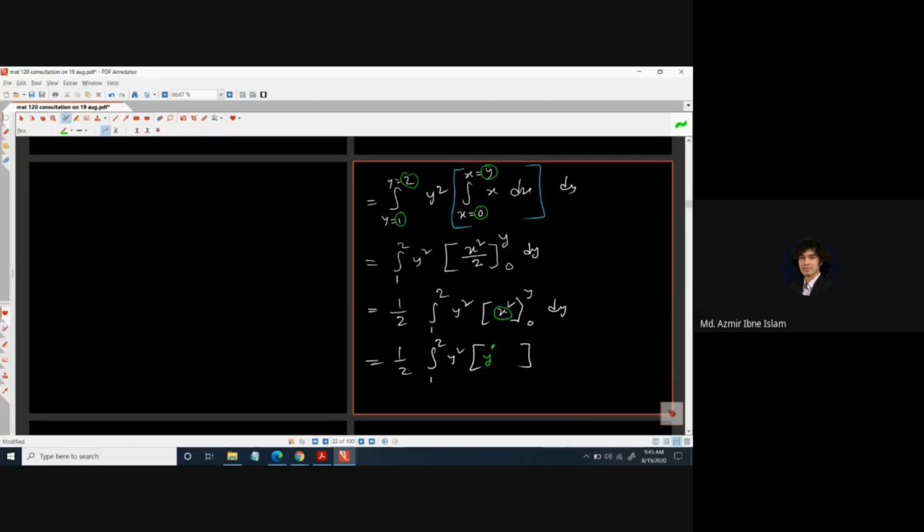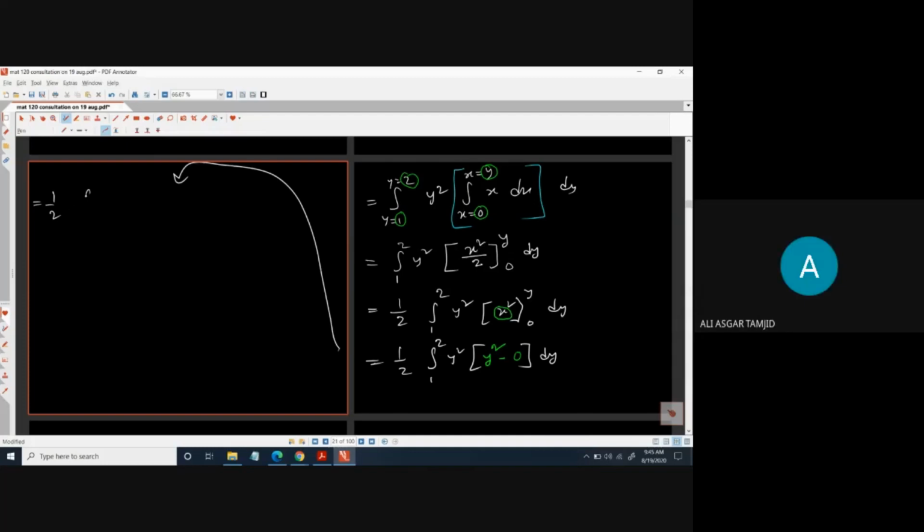So y squared minus 0 squared, that means 0. So we have dy. From this, if I solve, 1 by 2, then we have integration from 1 to 2, y squared times y squared dy.